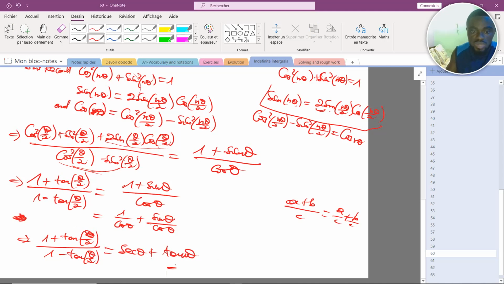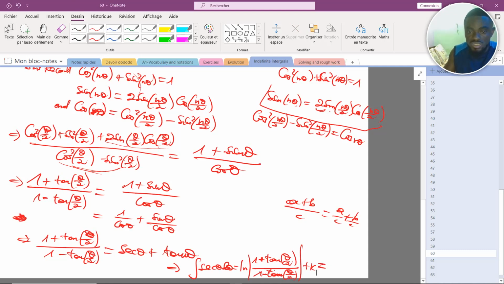So this implies the integral of sec theta d theta, which was equal to the ln of the absolute value of 1 plus tan theta on 2 all over 1 minus tan theta on 2, oh, this is plus on top and below it is minus, plus a constant k, is equal to what?